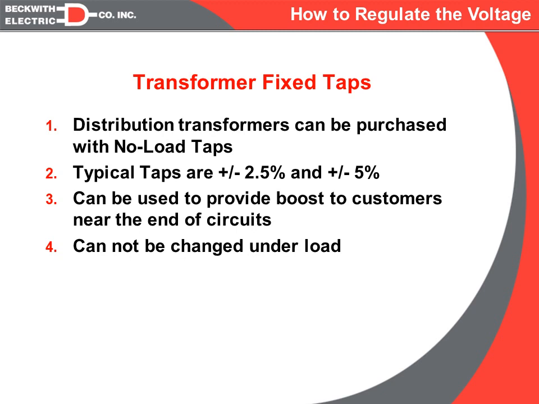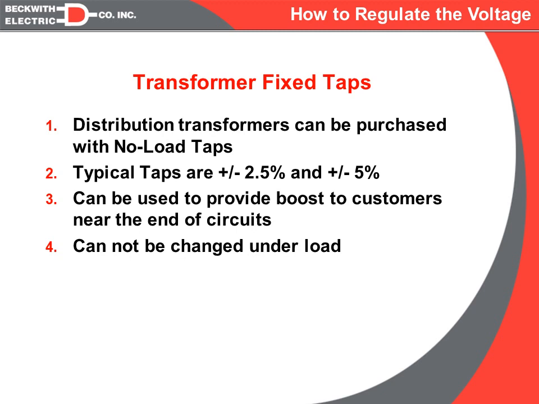So the next area is how to correct it. One way you can correct the voltage is with the fixed taps on transformers. Whether it's a pole top transformer or a large transformer found in a substation, typically they come with fixed taps. And a fixed tap allows the transformer to either raise or lower the output voltage from the input voltage by a fixed percentage.